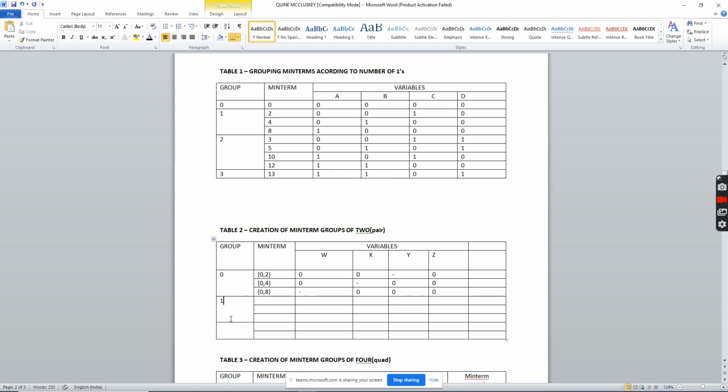So next group will be group 1, where 2 and 3 is possible. So I'll be writing 2 comma 3. So the answer will be 0 0 1 dash.